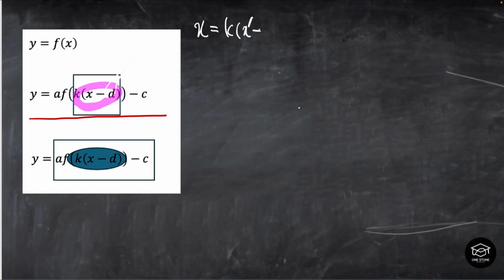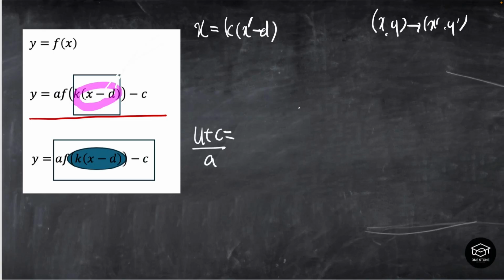We can say that x equals k times (x prime minus d). Now let's look at the y side. If we move everything except the f expression to the left side, we get (y plus c) divided by a equals f of k times (x minus d).